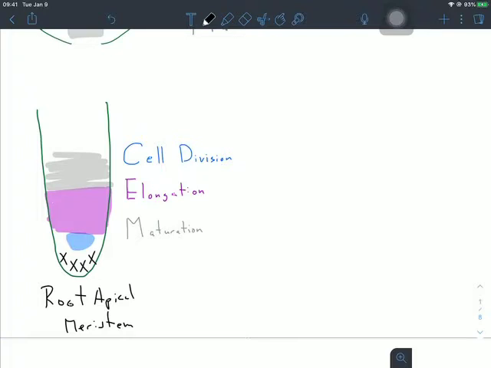It is instead a little bit behind. After that, just like you'd expect in our shoot apical meristem, you've got a region of elongation and a region of maturation. So the further back from the tip you are, the more specialized your cells are in the root apical meristem, with the exception of this upfront area.